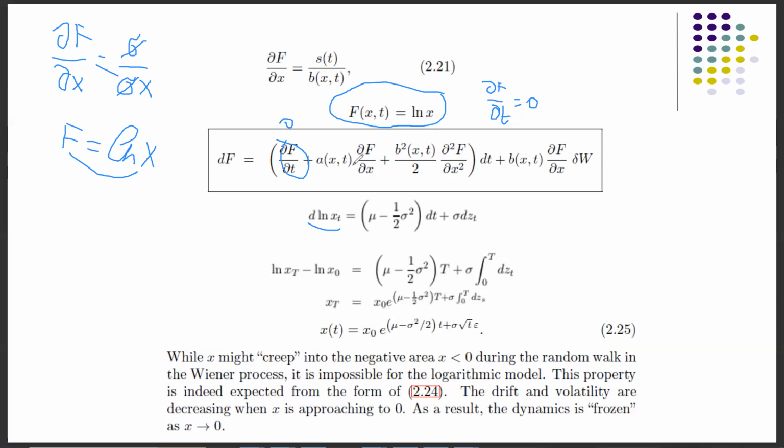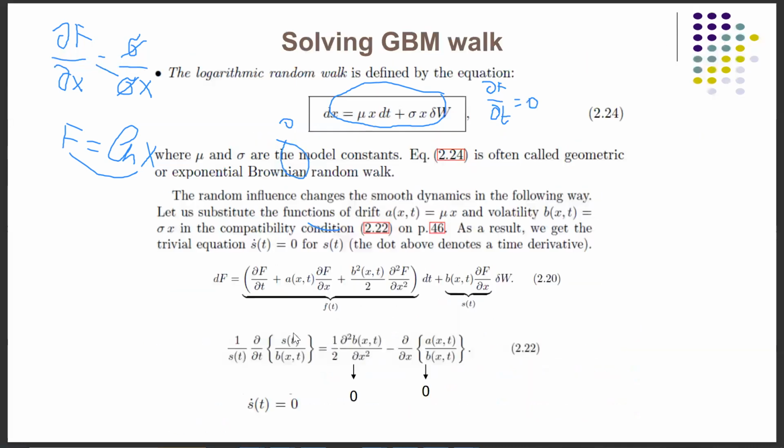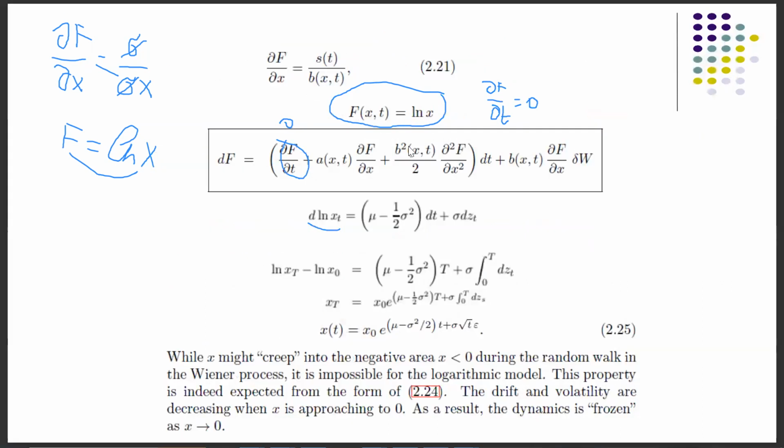Function a. What is function a? It is what comes before dt: mu x, and function b is sigma x.